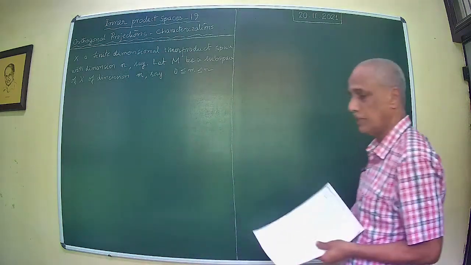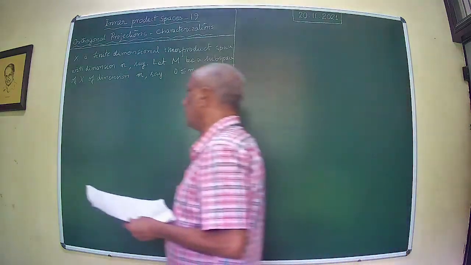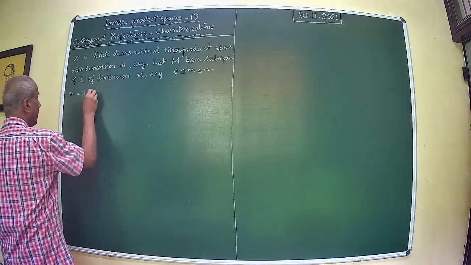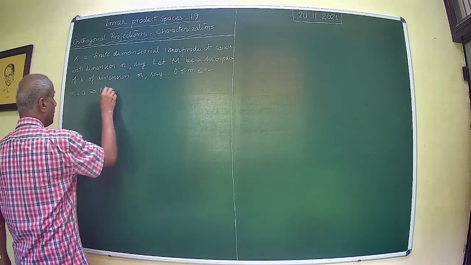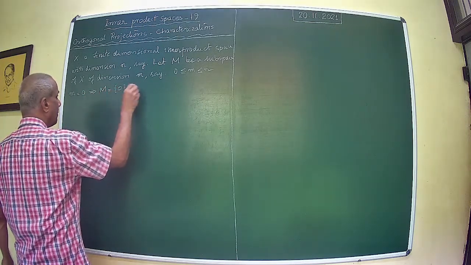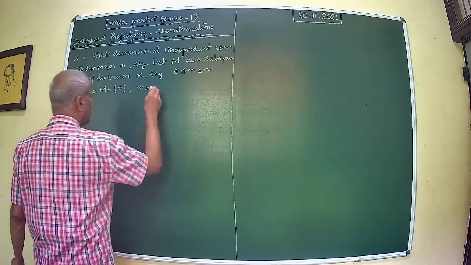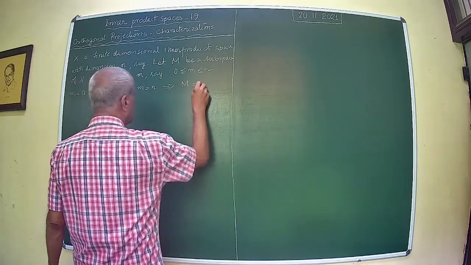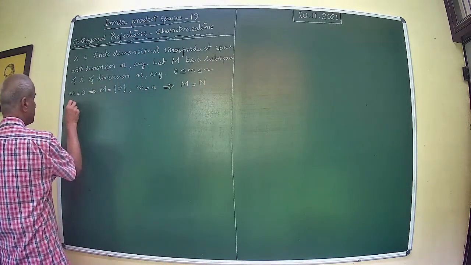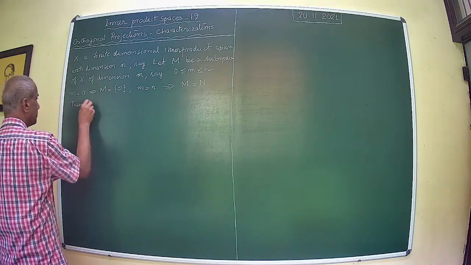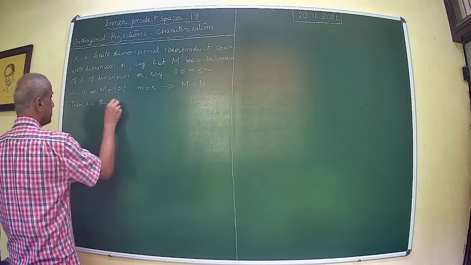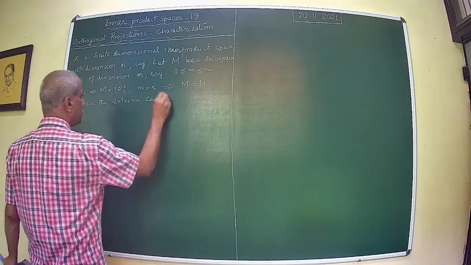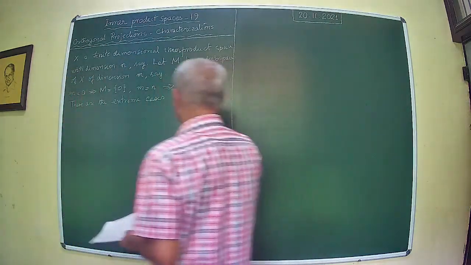The extreme possibilities, namely m equal to 0 and m equal to n, are the extreme cases, and they are also trivial in some sense.